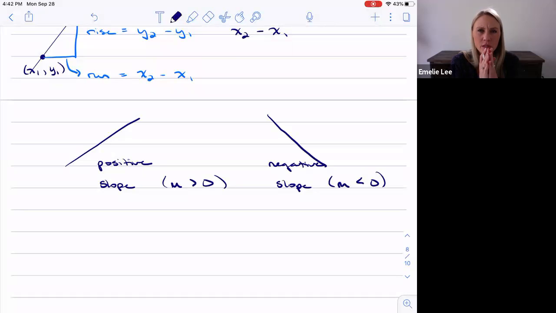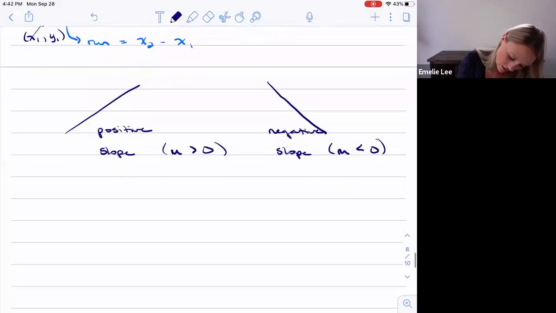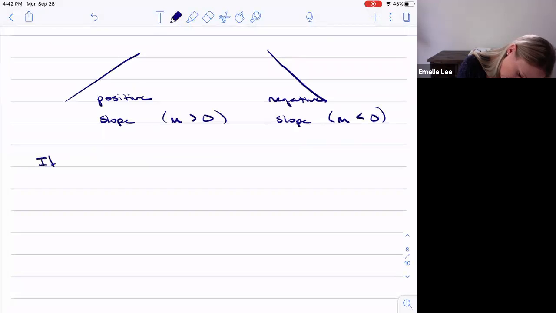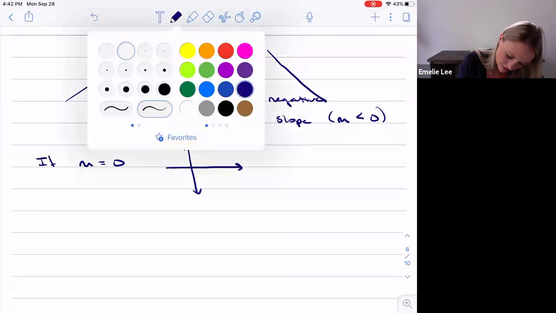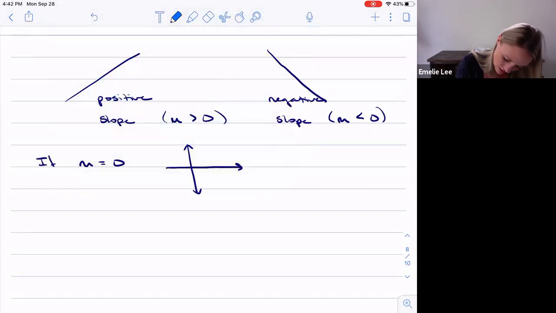If there's no slope, what does that mean? So if m is 0, then on my coordinate grid here, if I've got a slope of 0, then we've got a flat line here.